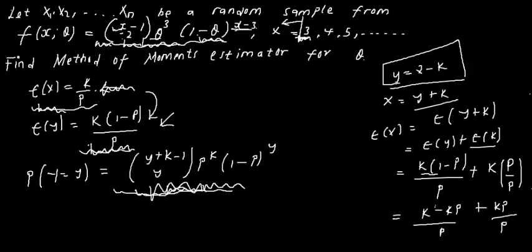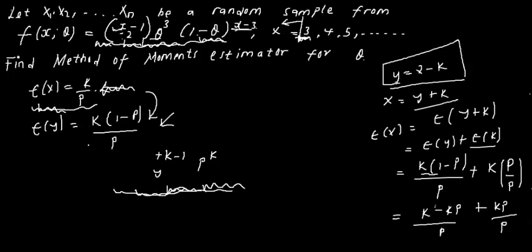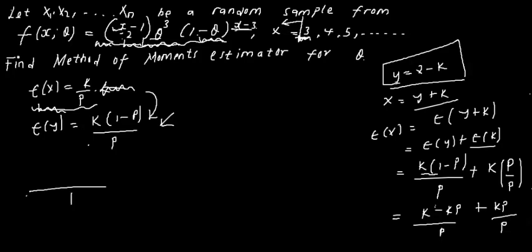So let me just create some space here. So this thing will simply be, let's have the common denominator there, which is p. Then we will have k minus kp, that is p multiplied by that, it's just the term that we have there, and plus kp like that.